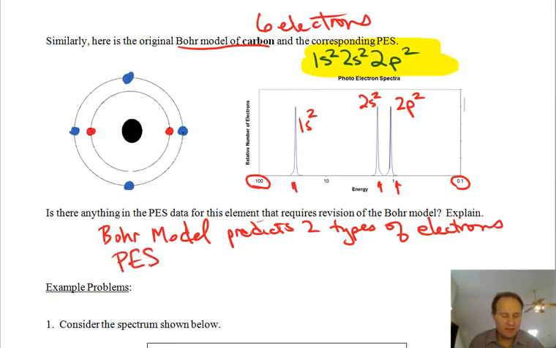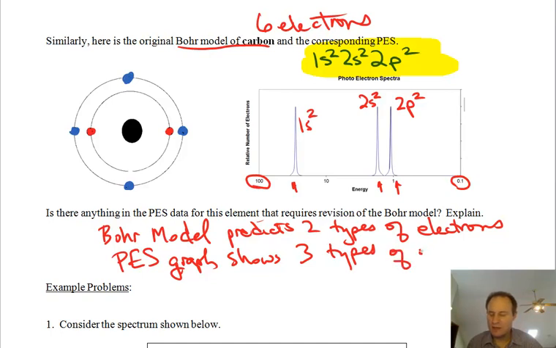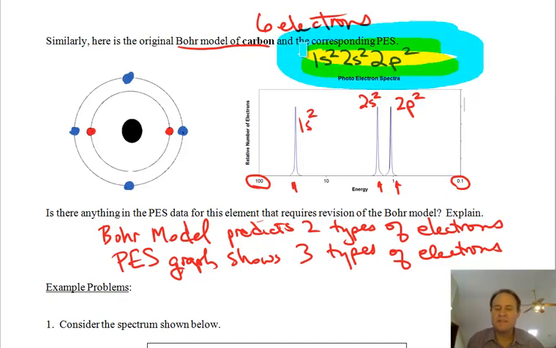The PES graph shows 3 types of electrons. And when I say types, I mean electrons with a certain amount of energy. The PES data is very, very consistent with the 1s2, 2s2, 2p2.